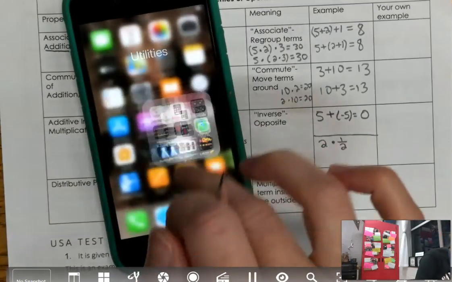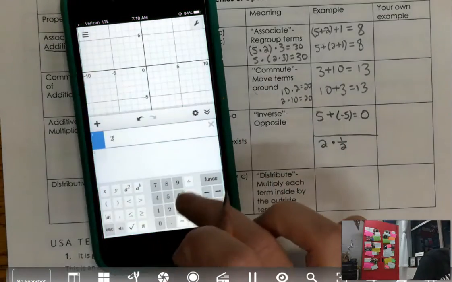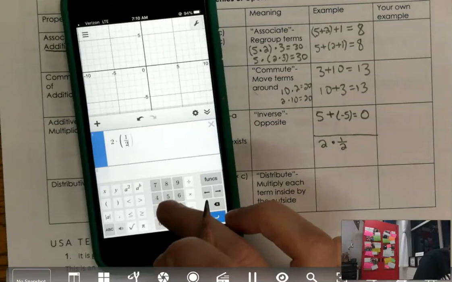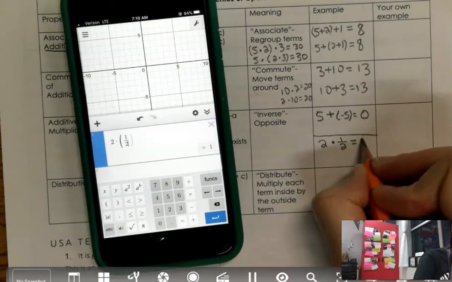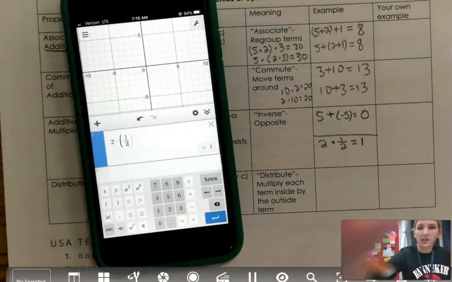You go to Desmos because this would show it a little better. All right, 2 times 1 divided by 2, and that gives me 1. So basically the multiplicative inverse is when you make the number into a fraction, you flip that fraction upside down.